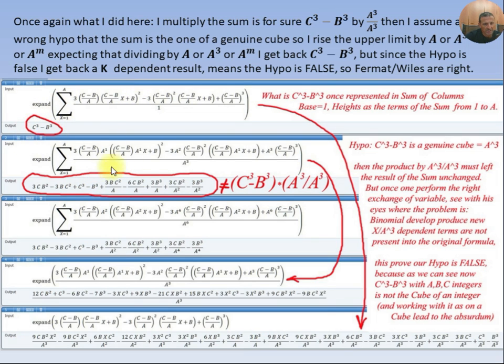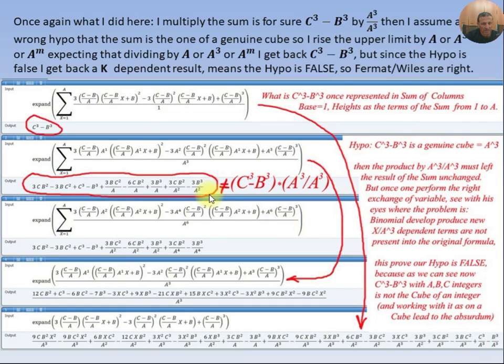We can prove this because changing the multiplicator factors, putting here a square or here a cube, we get back different results. So this is not k invariant, so this is not the genuine power of an integer.